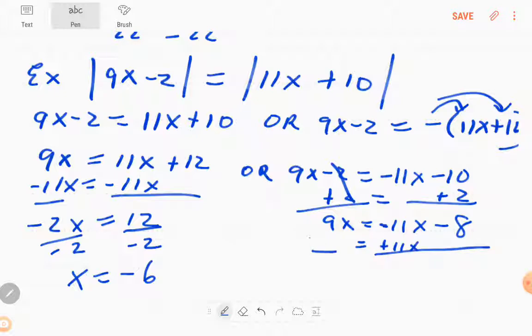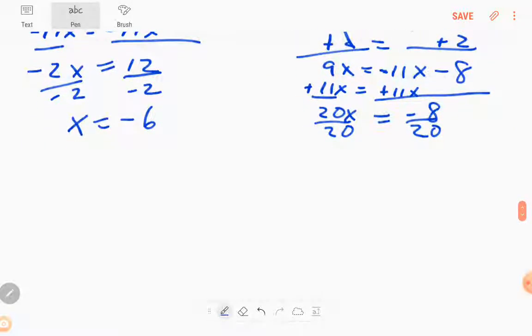So adding 11x to both sides gives me 20x equal to negative 8. And now divide both sides by 20. And this gives me x equal to, well, I can simplify. So I'm dividing the top by 4 and the bottom by 4. So this gives me negative 2 over 5.